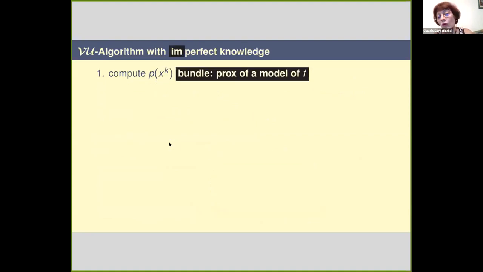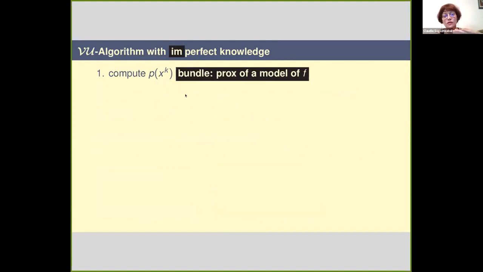Okay, so now, but the world is not so perfect. What happens if we have imperfect knowledge? Yesterday Chain explained to us how to approximate the proximal point of a function with any desired accuracy by using a bundling mechanism.